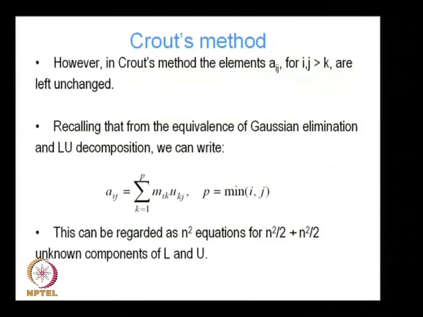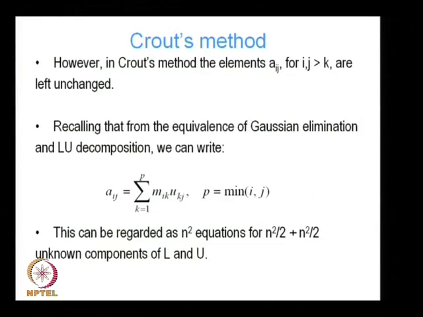We can think of this equation as n square equations, because i is going to vary from 1 to n, and j is going to vary from 1 to n. So, there are going to be n square terms. We can think of this as n square equations for the unknowns m and u, and we remember that m and u are the non-zero components of lower and upper triangular matrices. So, m has n square by 2 terms, u has n square by 2 terms.